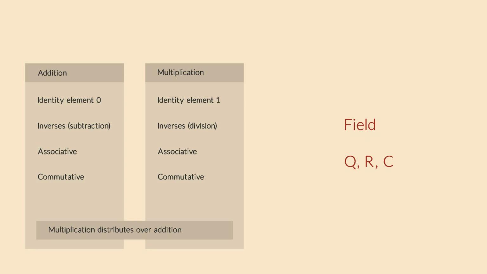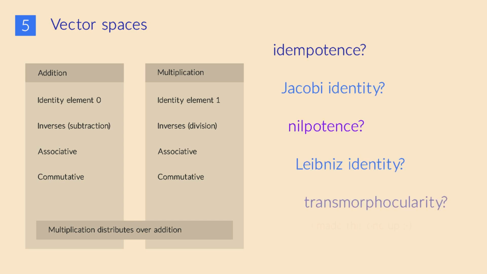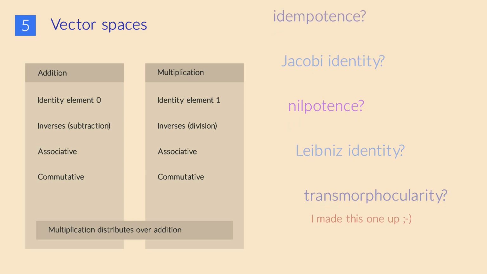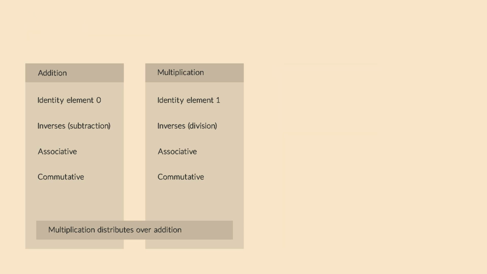Can we go even further than fields? We could, of course, add even more requirements to the list, but that would only make it more difficult to find a system that meets all of them. Or we could inject a third binary operation, or perhaps a unary one, just for fun. Instead, what we will do is introduce a complete new set of elements.